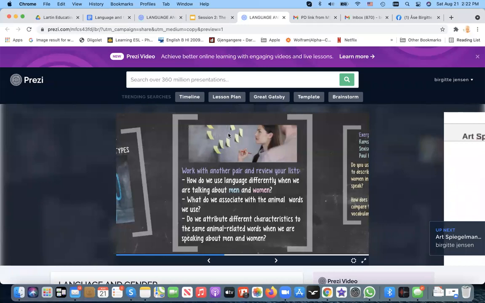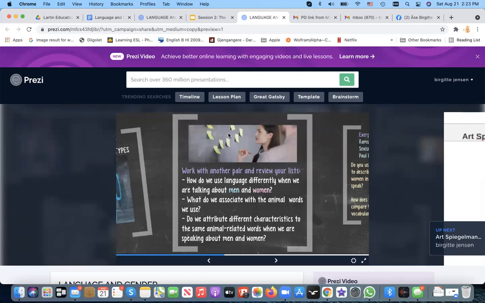Are we associating different animals or animal qualities with women than we are with men, because we have certain preconceived notions about how women should be and how men should be? And is that a problem?